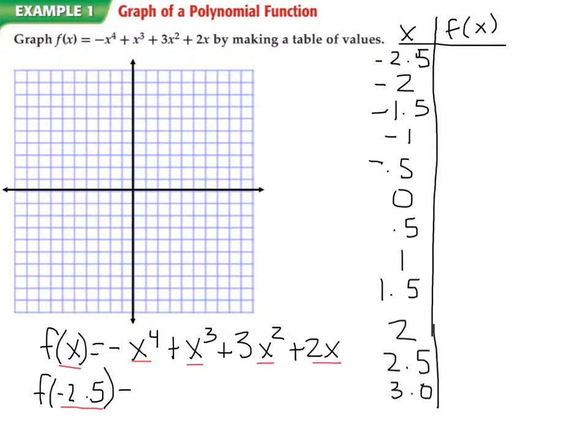So we have negative, parentheses, negative 2.5 to the power of 4. Make sure you always put what you're plugging in in parentheses, or it will not come out correct.